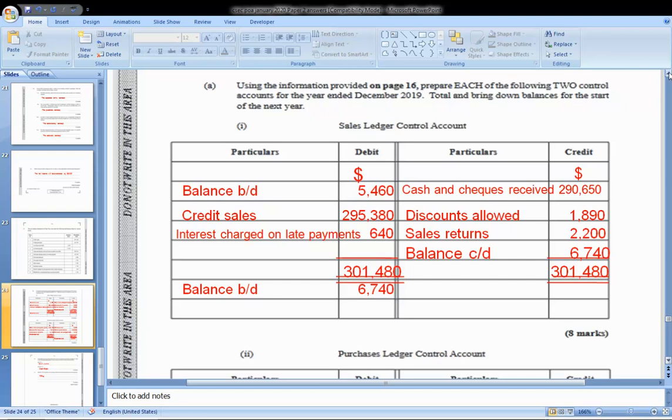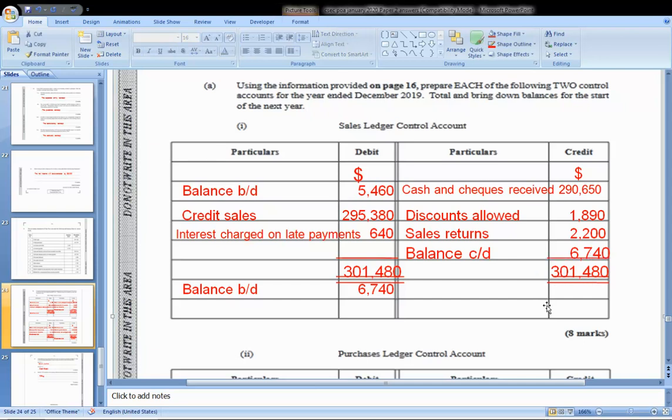So our balance brought down based on our information, 5,460, that would be a debit. And then they told us credit sales, 295,380. That's a debit balance. And interest charged on late payments was $640. Now, cash and checks received, that's a credit balance, 290,650. Discounts allowed, 1,890.